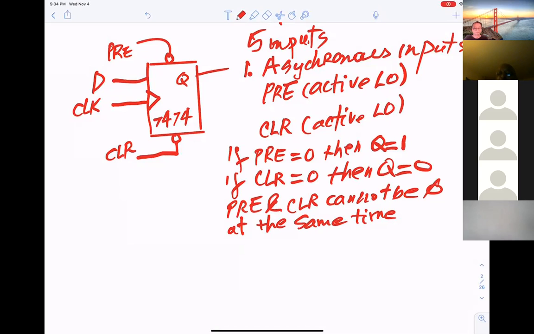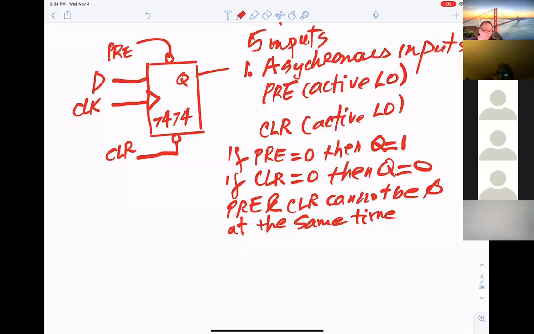And my question to you is, normally you tell us that clear is the highest priority. No, it's not the highest priority. It's the same priority as the preset. Preset and clear have the same priority.